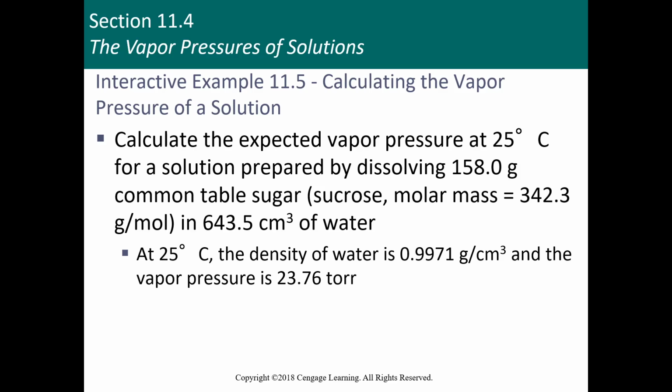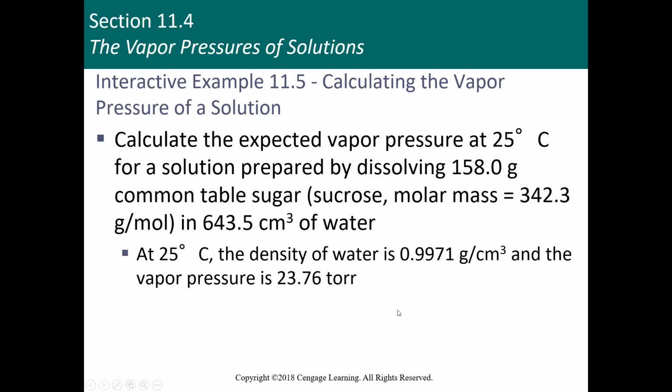It then gives you a volume of water, so 643.5 cc, or centimeters cubed, of water. Remember, cc, centimeters cubed, is the same thing as milliliters. So at 25 degrees Celsius, the density of water is this, in grams per centimeter cubed, or cc, or milliliter, whatever you want to use. And the vapor pressure is 23.76 for that water, which would be pure water.